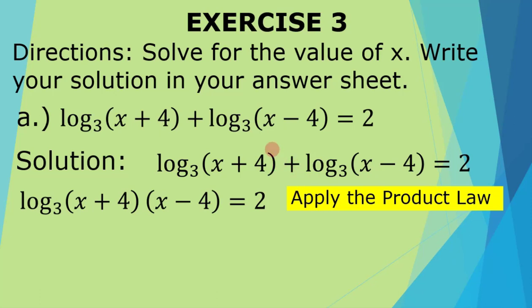Because there is a plus sign and both logarithmic expressions have the same base 3, we can apply the product law. We can put them under one logarithm: log of quantity x plus 4 times x minus 4 to the base 3. Then we copy equals 2.